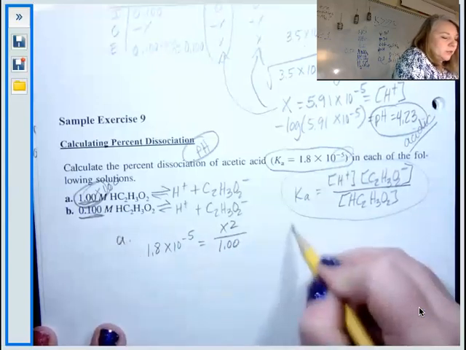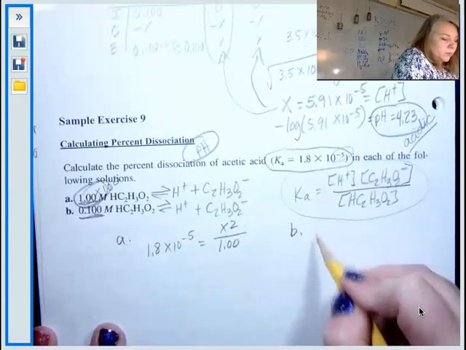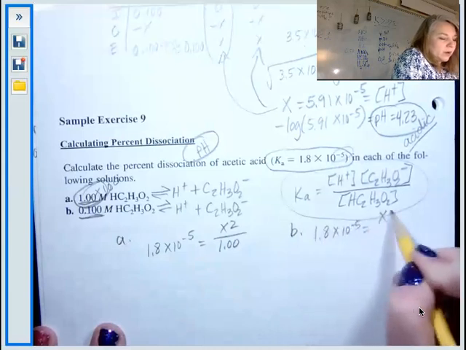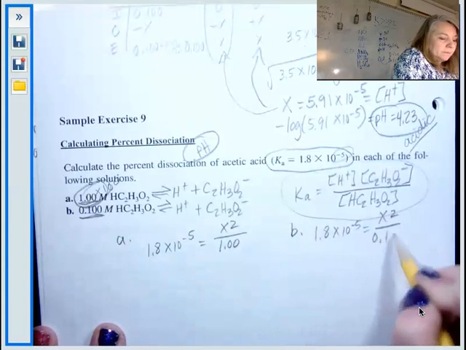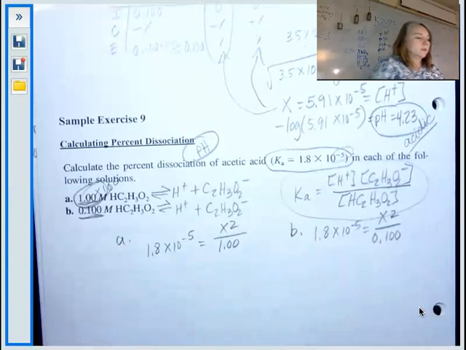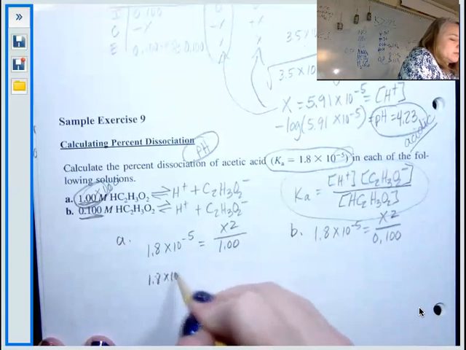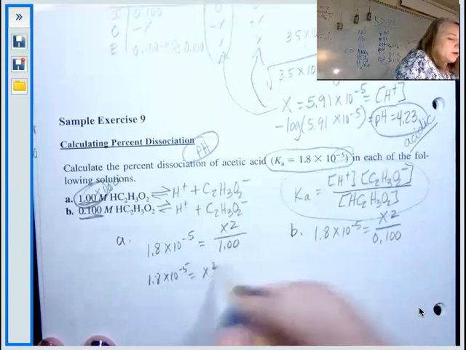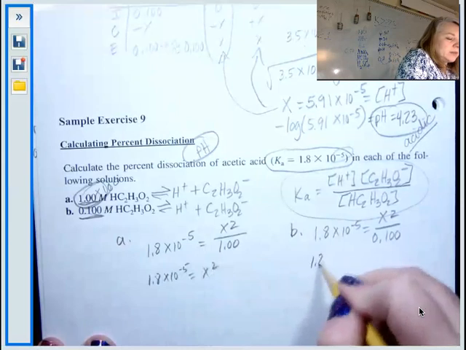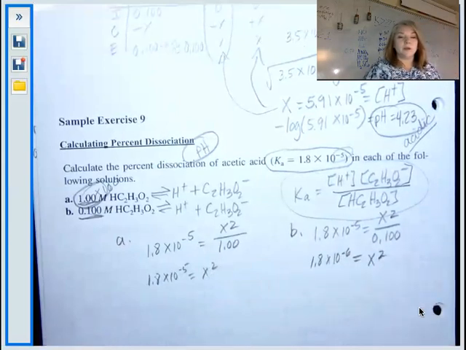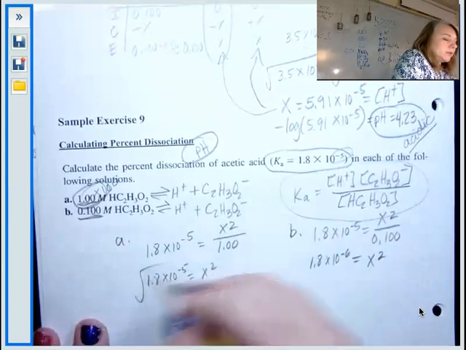And then I'm going to go ahead and do B. Well, I've got it. 1.8 times 10 to the negative fifth equals X squared over 0.1. Okay. And so now we multiply across. That's 1.8 times 10 to the negative fifth equals X squared. This one is 1.8 times 10 to the negative 6 equals X squared. You're going to take the square root of both sides.